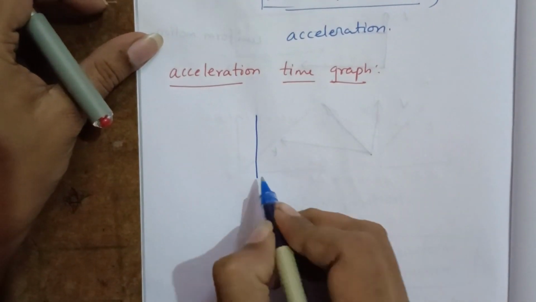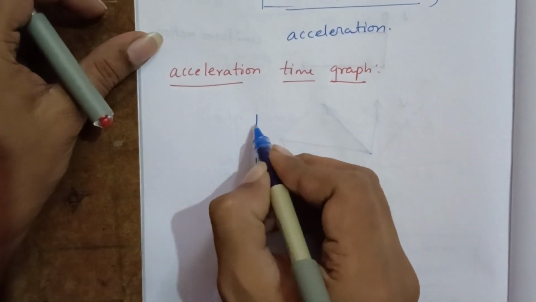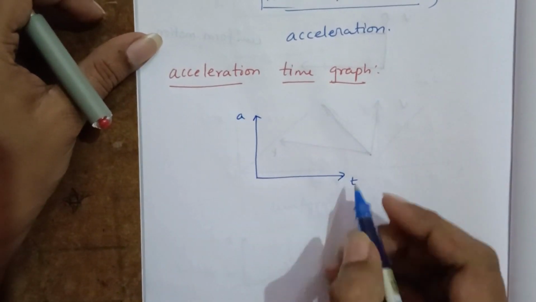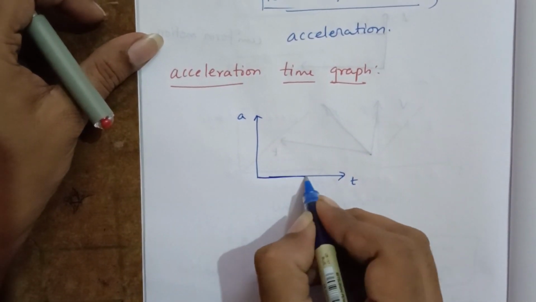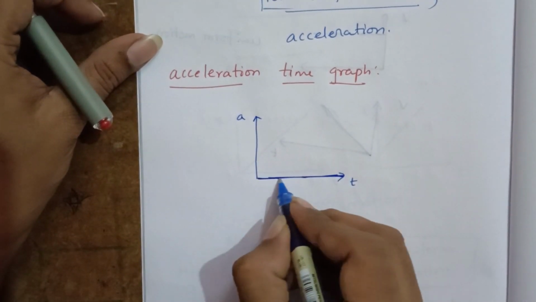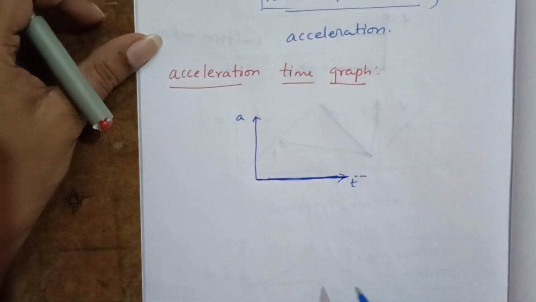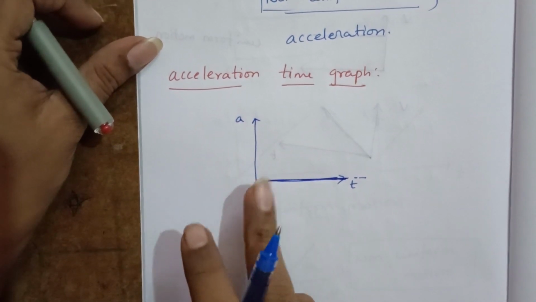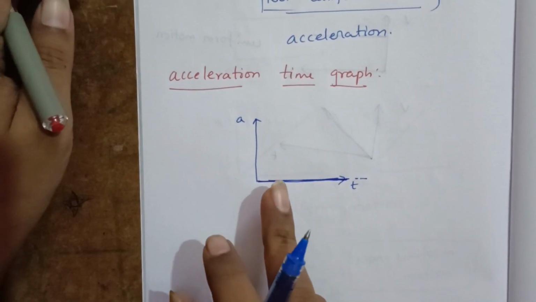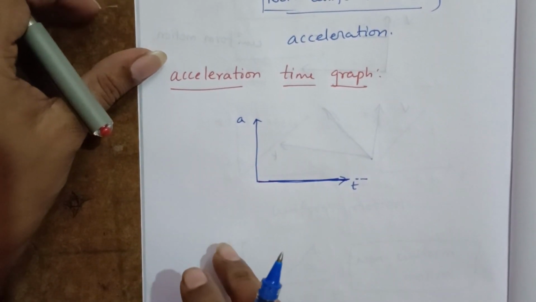Next, acceleration time graph. In the acceleration time graph, on the x-axis we will take time, and on the y-axis we will take acceleration. So if the graph is on the time axis like this, that means no acceleration, the body is not accelerating.